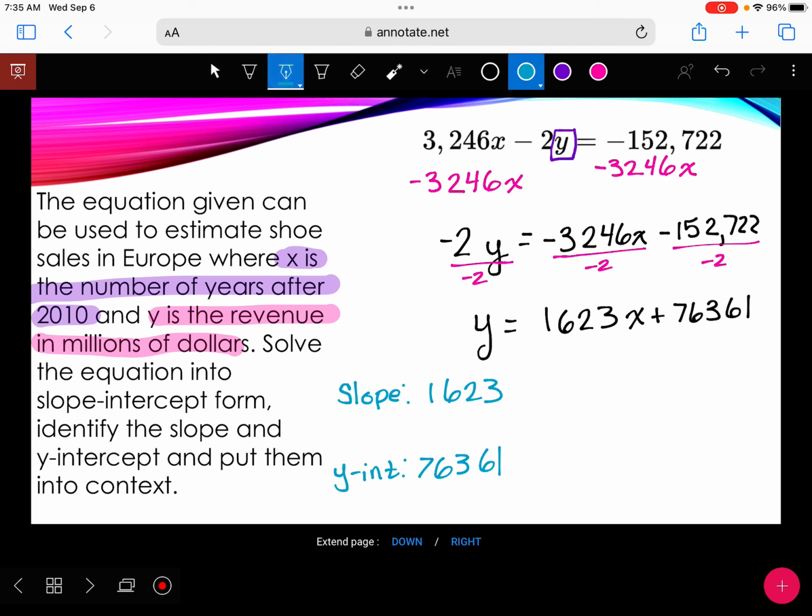So our y-intercept, think about what that tells us. Our y-intercept gives us the revenue, because that's a y thing. Revenue when what? What about a y-intercept do we know?